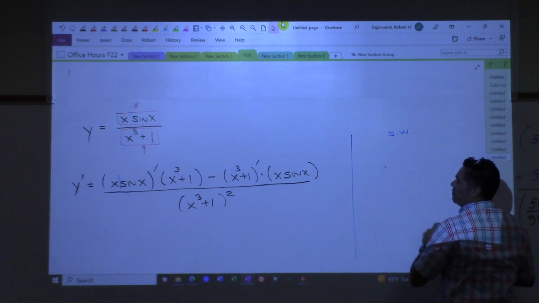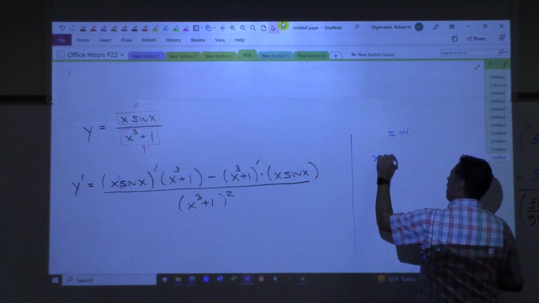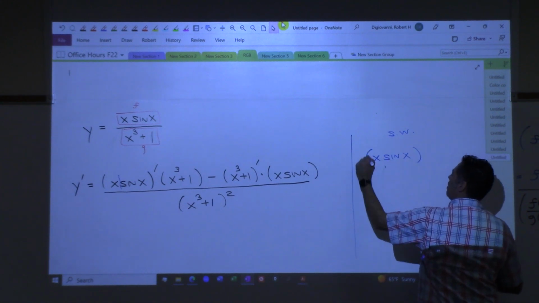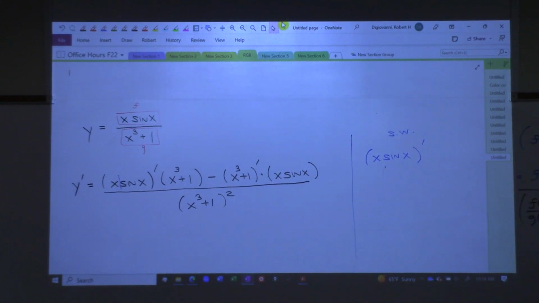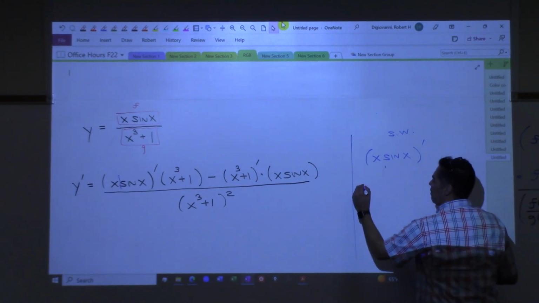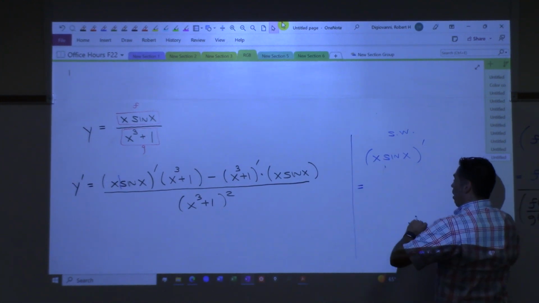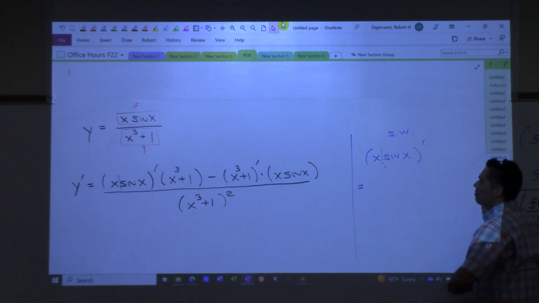So over here, I'm going to do some scratch work. I'm going to take the x sine x, and I'm going to find the derivative of that as if it was its own problem. And I'm going to use this rule right here. So Juan, you want to tell me what that would be according to the product rule between those two?